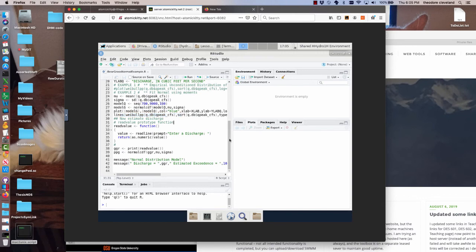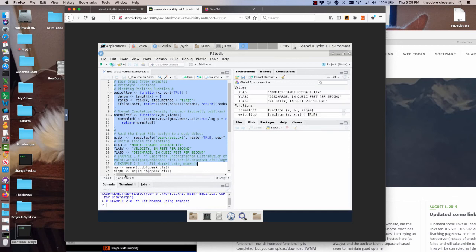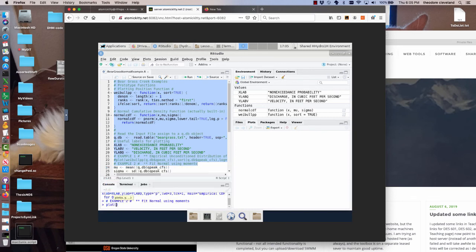So let's go ahead and actually run this in pieces. And we could check that if we wanted to. We could plot q.db. I believe the first variable is called year.